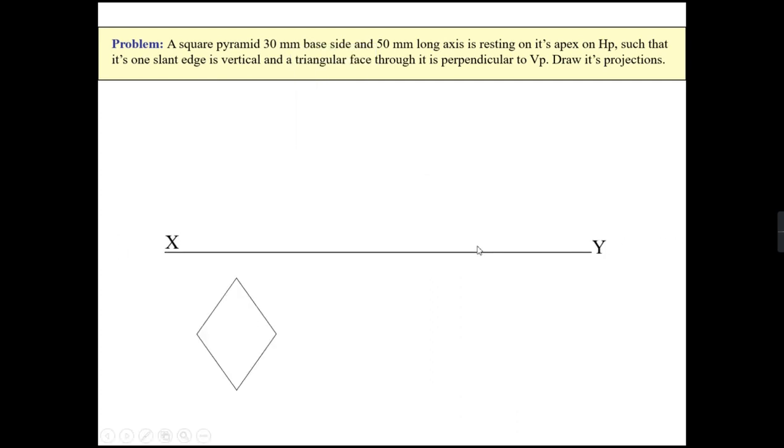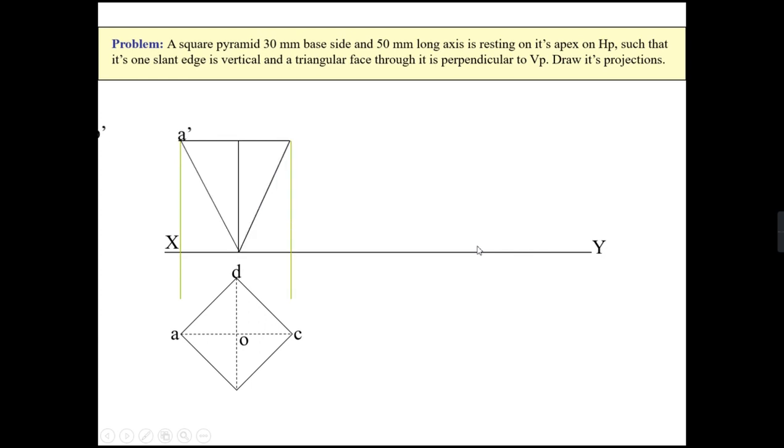So this is your XY line. And this is your front view. So here you can't see the slant edges, so we are drawing them with the help of a dash line. We are drawing in this way so that this line shows the slant edge, right?